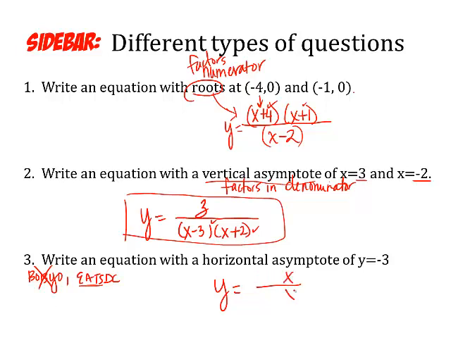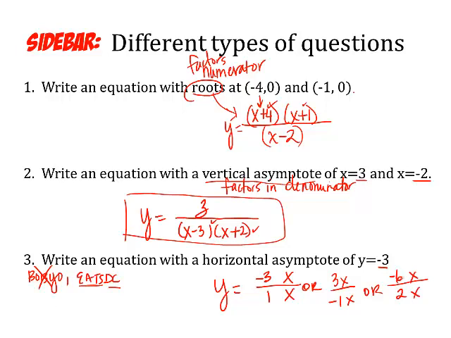So I'm just going to put an x on top and an x on bottom because they have the same exponent. The DC means divide the coefficients. What I know is that when I divide the coefficients, I need to come up with a -3. So I could do -3 over 1, or you could do 3 over -1, or you could do -6 over 2.